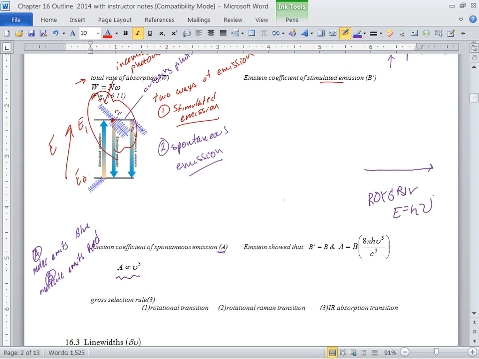It's much more difficult to build a laser at these higher frequencies. Because if you want a laser, you want what type of emission? Stimulated emission. You want a small amount of what type of emission? Spontaneous. You want all stimulated.